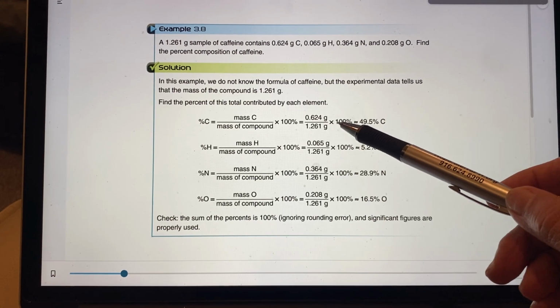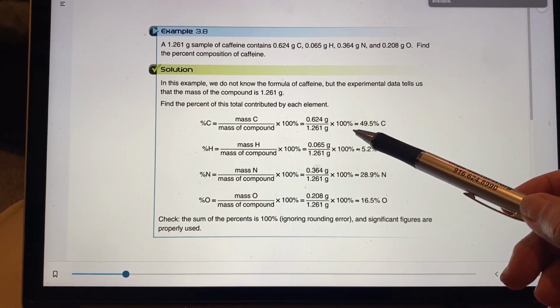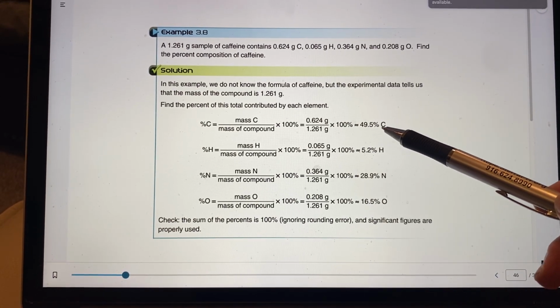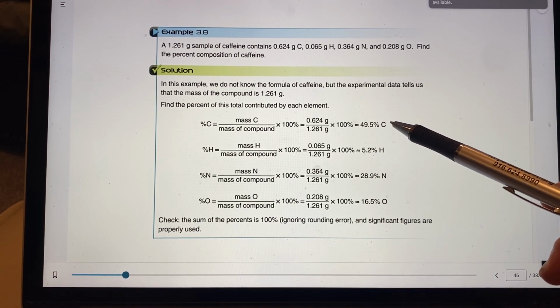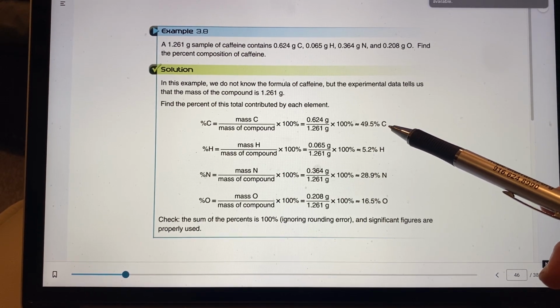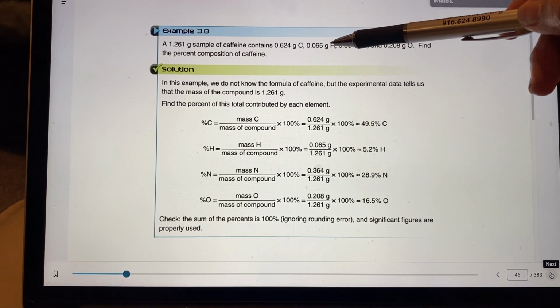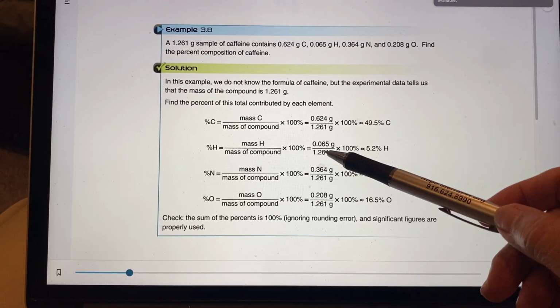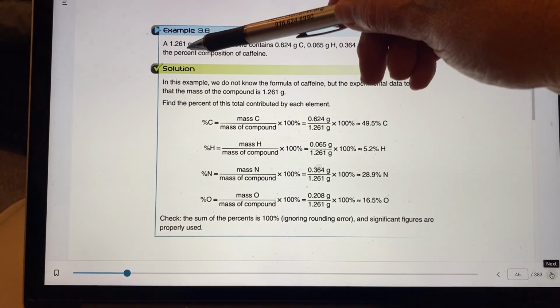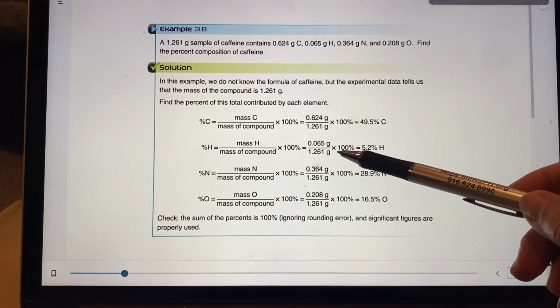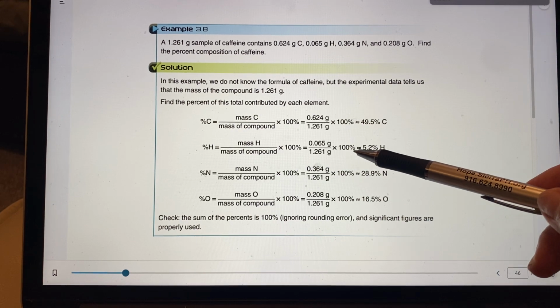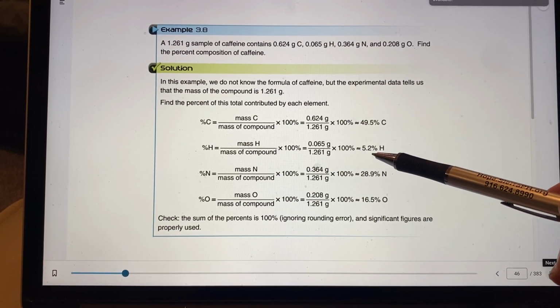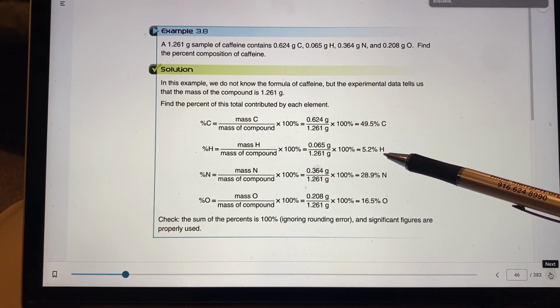When you divide this on your calculator and you times it by 100%, you're going to get 49.5% carbon. We do the same thing for the grams of hydrogen. Take this number, put it down here, and then divide it by the total number up here. And then as we're dividing it by the total number by percent, we'll get 5.2% hydrogen.